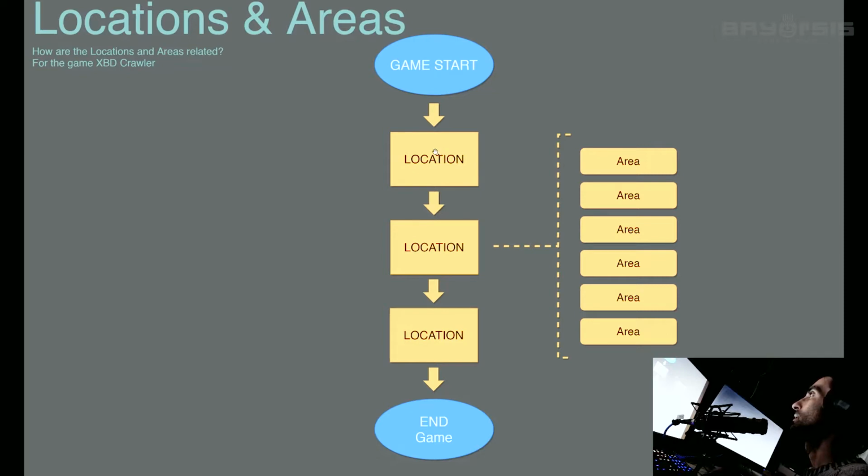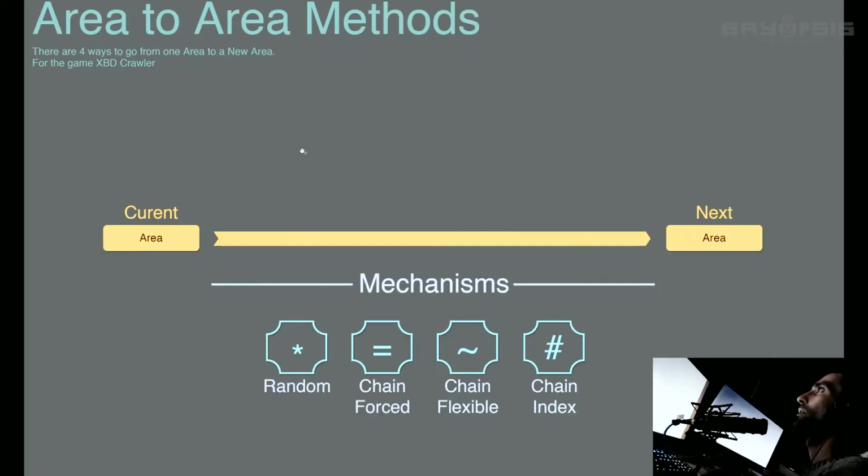And in each location you have the areas, which have the information of what you play. Basically we go from one area, the current, to the next one, and this is the process.